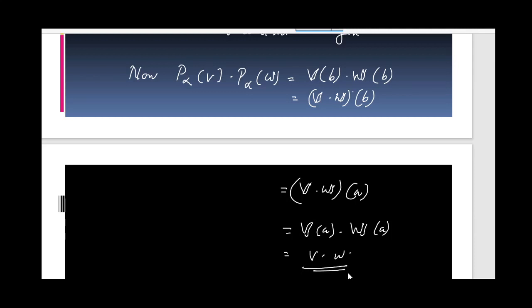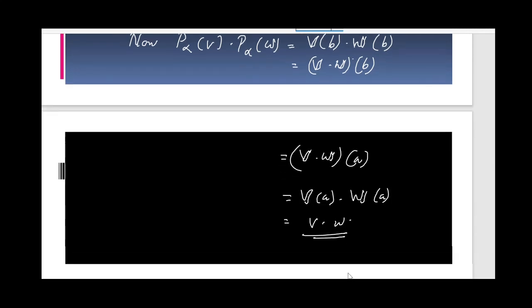And this is nothing but V dot W at a also. The reason is the same, since V dot W is constant. So this is equal to V(a) dot W(a), and V(a) dot W(a) is V dot W. So we have proved that this parallel transport preserves dot product.